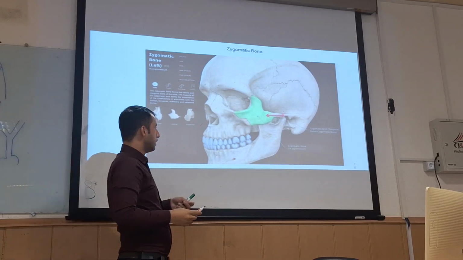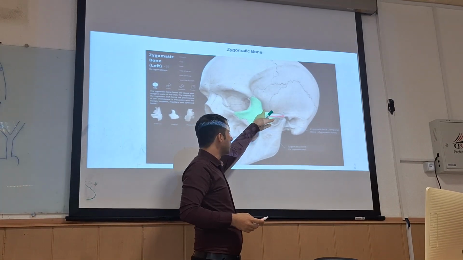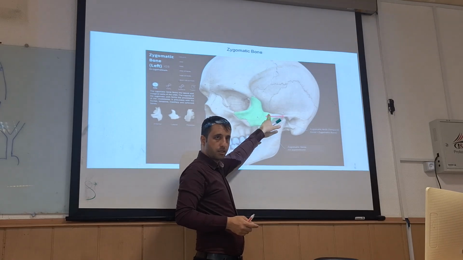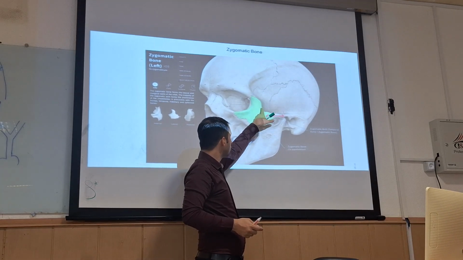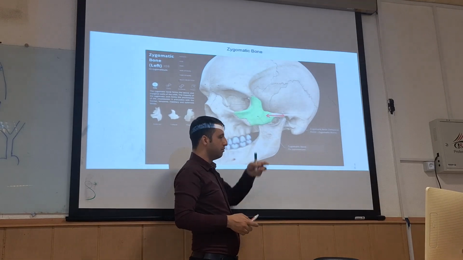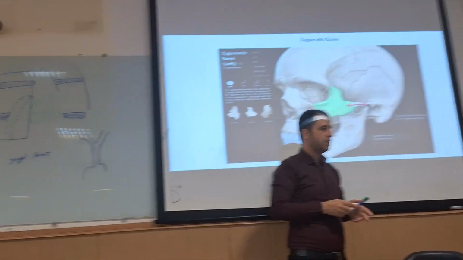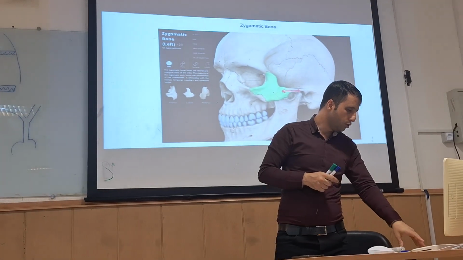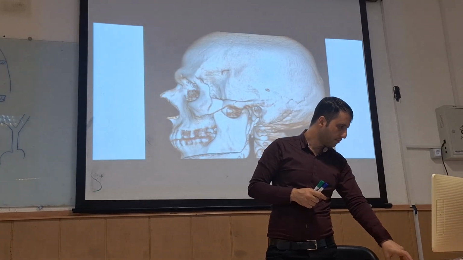The jugal point is here, where the temporal process attaches to the frontal process at this area. It is named the jugal point, which is important in craniometry.